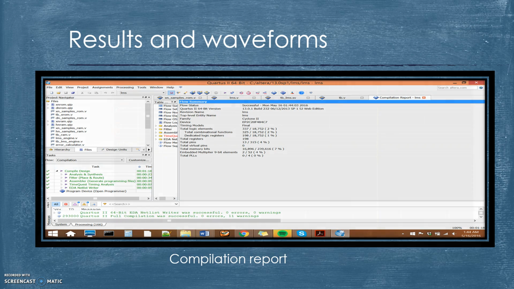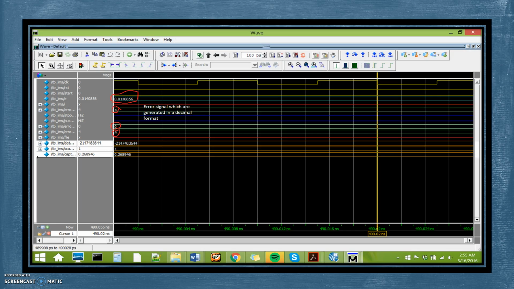So using ModelSim Altera, we simulated the first waveform, where you can see the radix form of the signals, where E is generated, and data, reset and start signals are there, and they have been created.